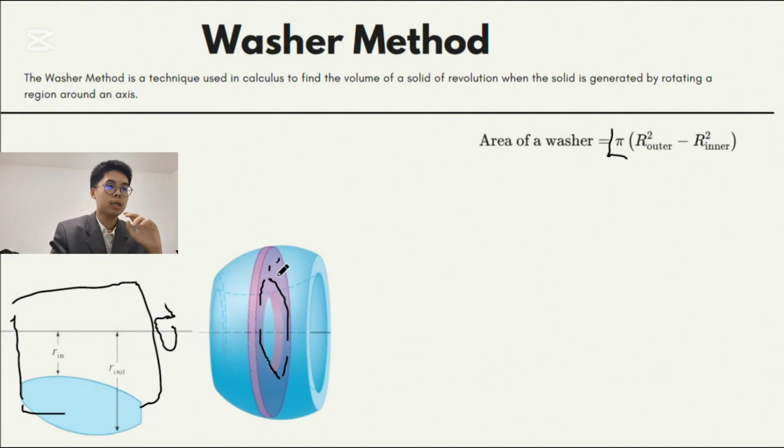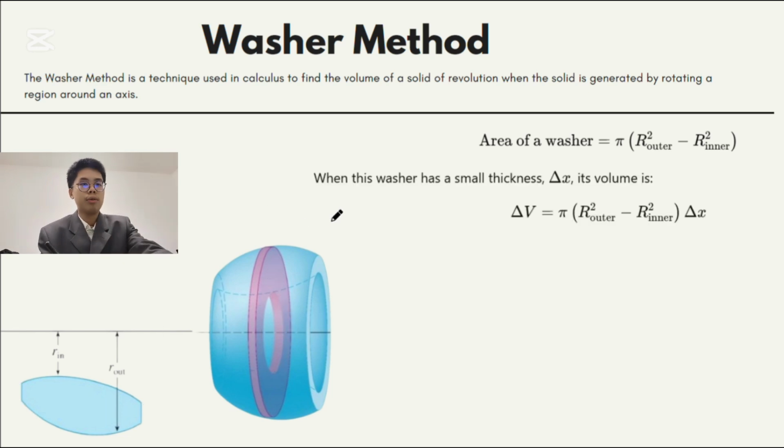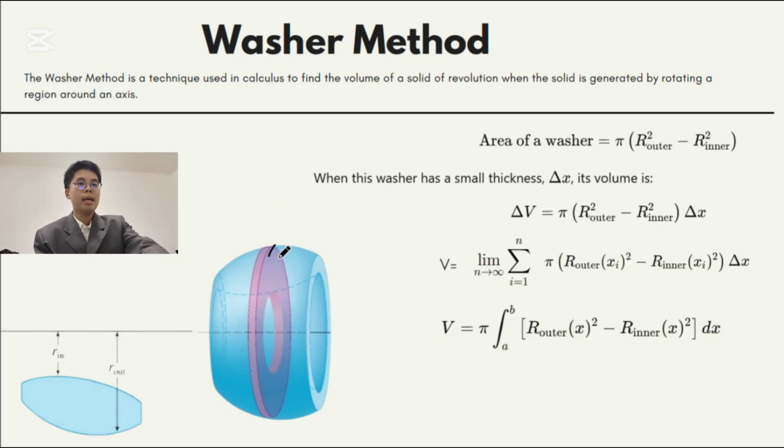Then after we know the area, the thickness is delta x, or we call it the height of the washer. If we multiply this by the area of the washer, we will get the volume of this washer.